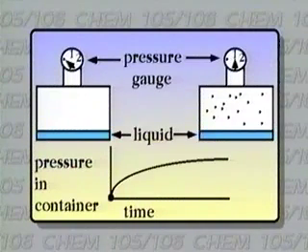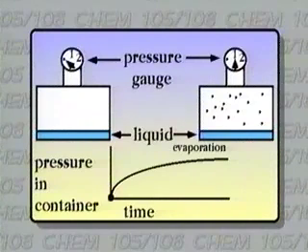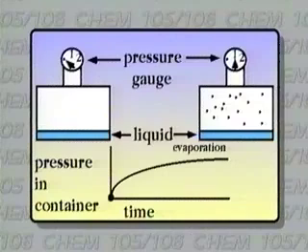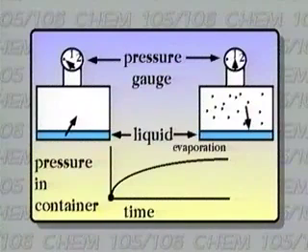Now, when it's reached this constant value, the question is, does that mean that molecules have stopped escaping from the liquid? We call this escaping process evaporation. So the question is, has evaporation stopped when we get out here? Is that why the pressure has become a constant? And the answer is no. Evaporation hasn't stopped, but we have 2 processes occurring.